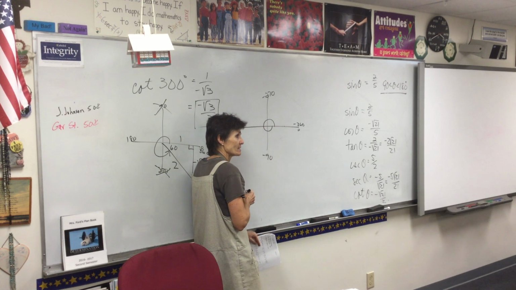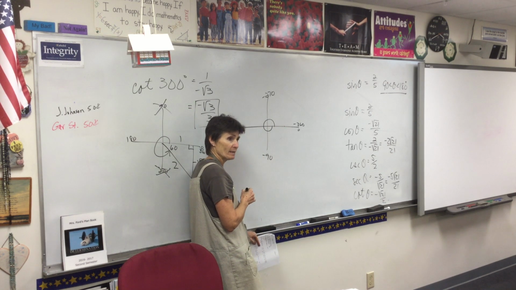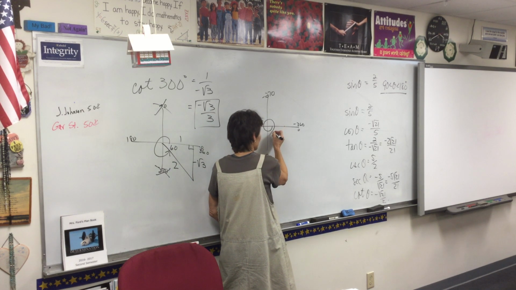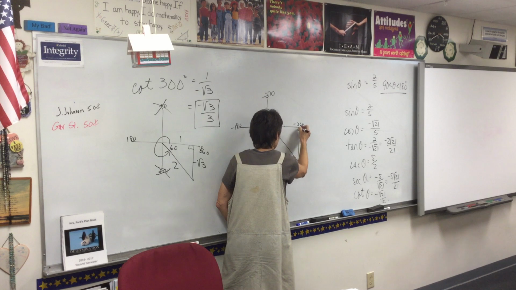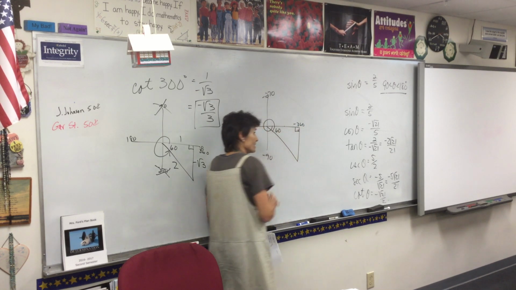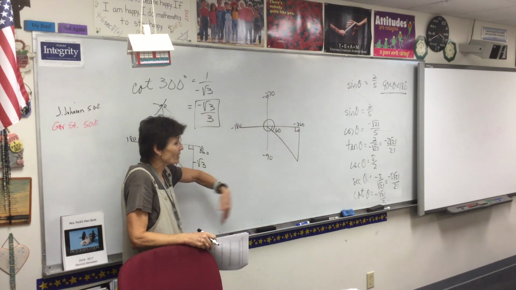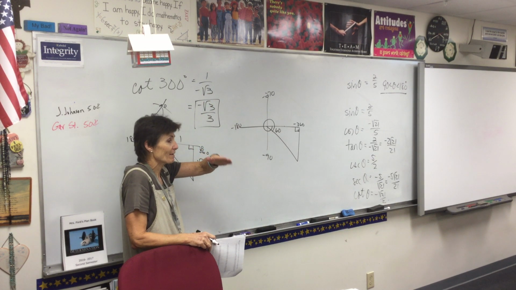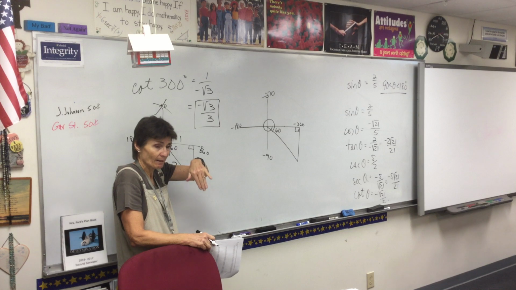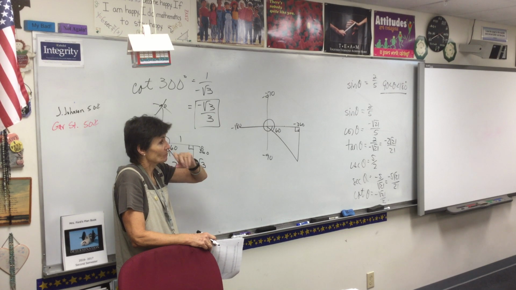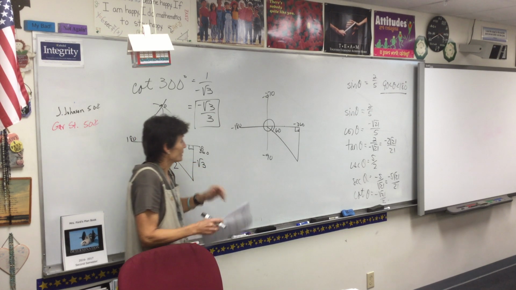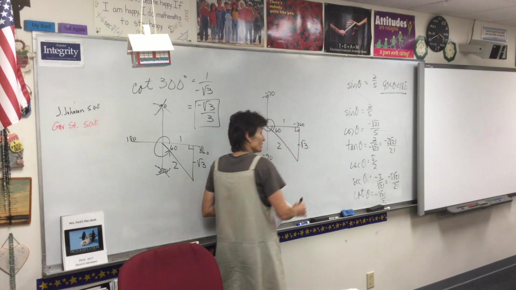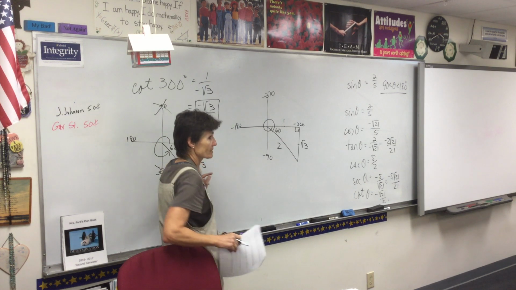That would be 360, but I have to keep going. How many more do I have to keep going? Another 60. So this angle is 60 degrees. So another root 3, 1, and 2, and that root 3 is still negative. It's actually the same triangle as I had over here.